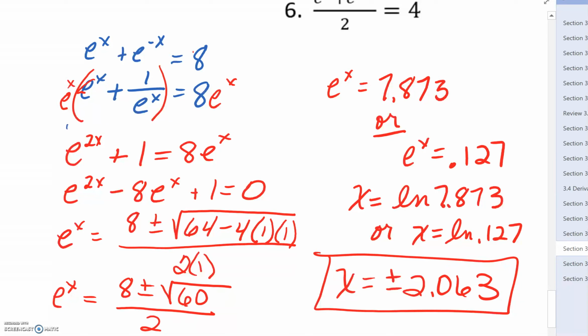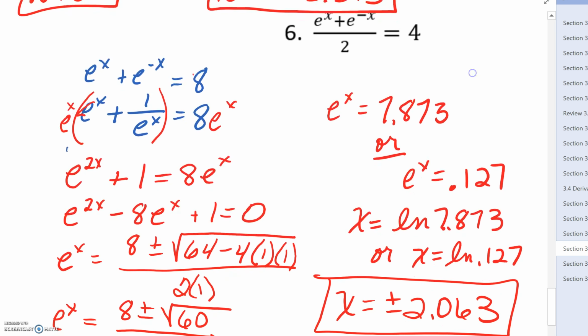Now, this problem is a lot more algebraically rich, I guess you would say, than some of the previous ones. So sometimes you may want to kind of avoid all this algebra. One thing you can do is just graph it to begin with on some of these. So let's try number 6 on our graphing calculators.